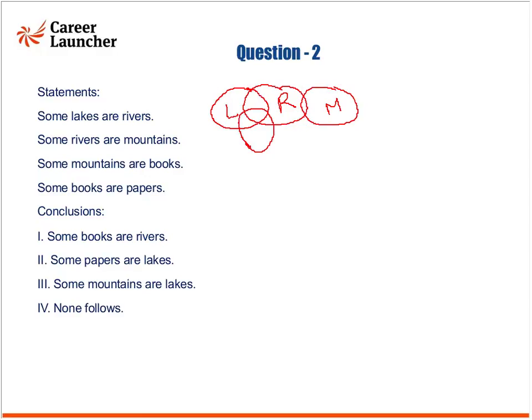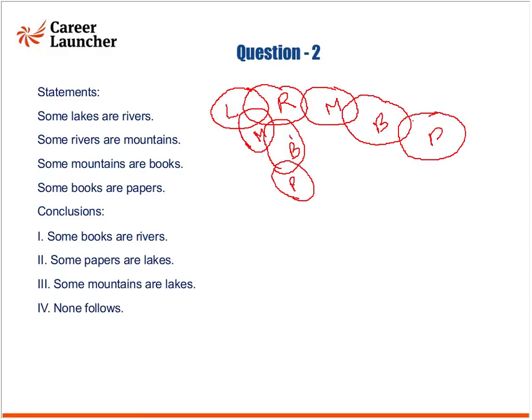So this is mountain. Some mountains are books, so we can have the books here, or we can have the books here, because we know some mountains are books. Some books are papers, and we can have papers here or here.